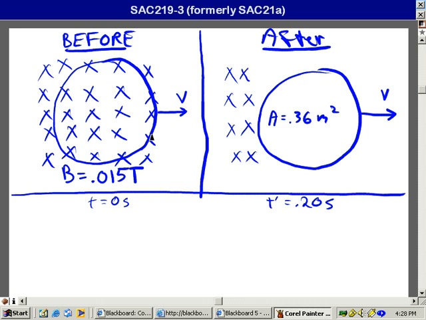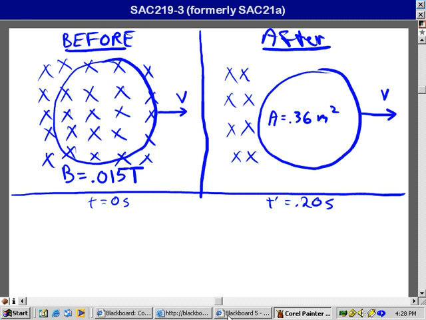Another way of stating it is that when you change the number of magnetic field lines through a loop or coil, as that is changing, there is an EMF induced in the loop or coil, and that in turn causes a current. Remember, a battery was a seat of EMF, or a power supply, so it acts as if there's a battery in the circuit.